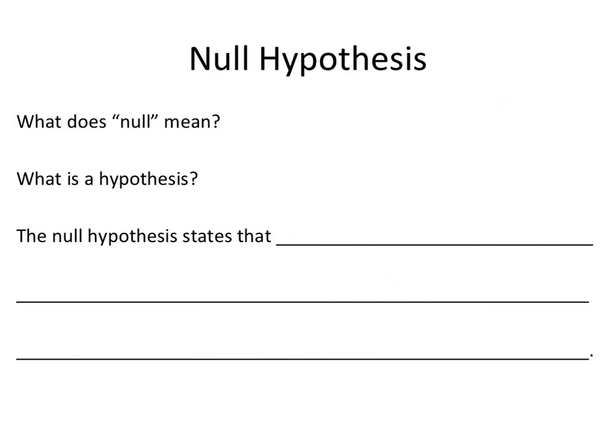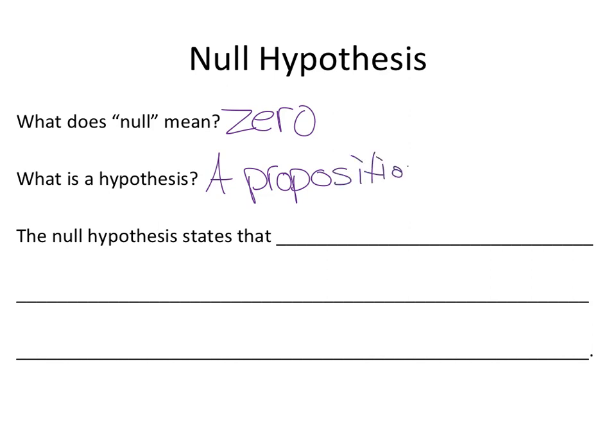Now we're going to talk about what's called the null hypothesis. The word null means zero, and the word hypothesis means a proposition. One of many definitions for hypothesis, but a proposition.